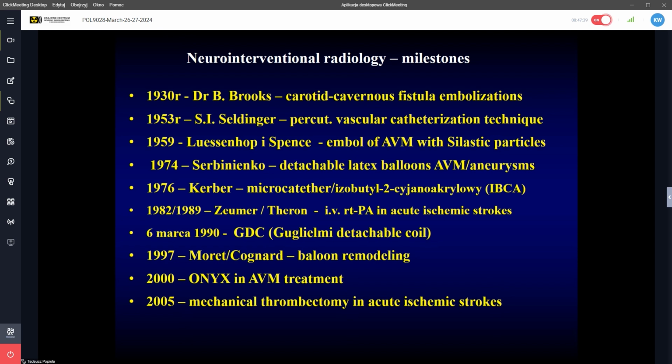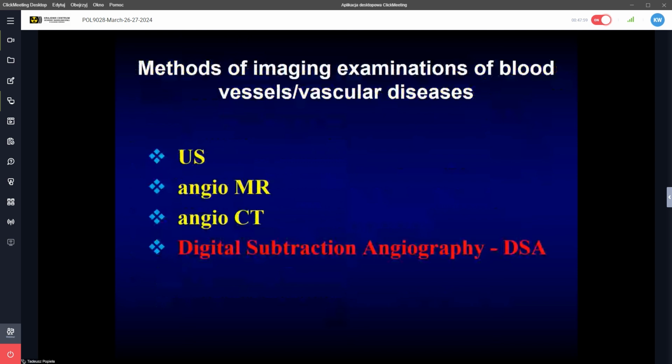But I'm not going to bore you with all the milestones in the history of neurointervention. I think one of the most important is the latest, in 2005, when mechanical thrombectomy was introduced in the treatment of acute cerebral ischemic strokes, and it really took the treatment by storm.